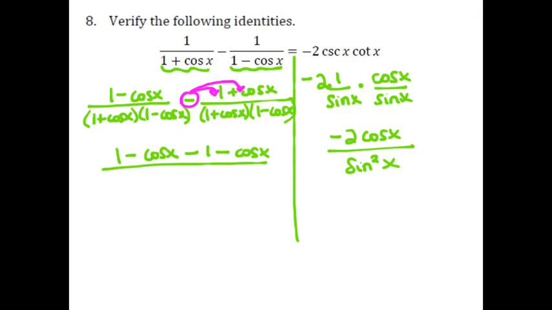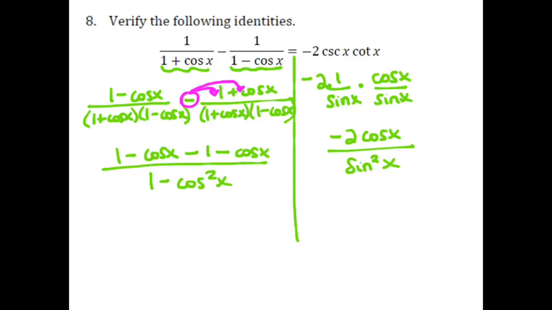Now in my denominator, I'm going to multiply this out. 1 plus cosine x times 1 minus cosine x, that's going to give me 1 minus cosine squared x. It's a difference of squares in factored form in our first step there, and so I've just multiplied it out to be a difference of squares.